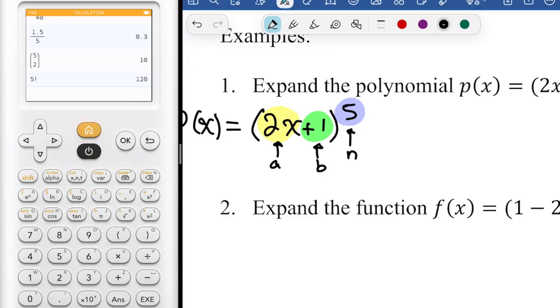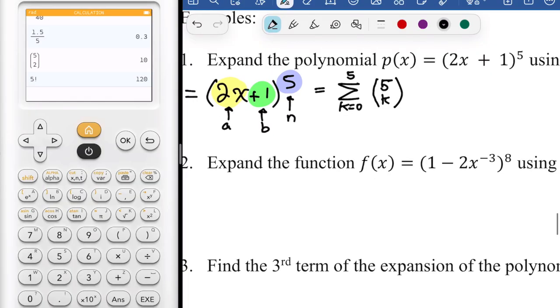All right, so this is going to be equal to the sum from k equals 0 to 5. My combination 5 over k, my a value, which is 2x, raised to the 5 minus k power.